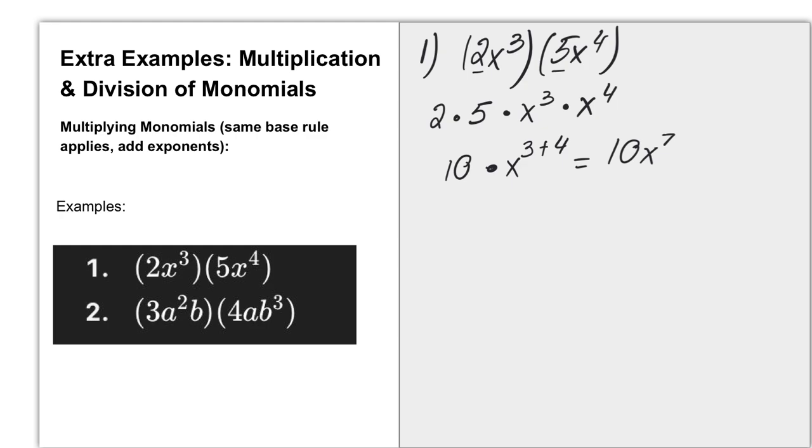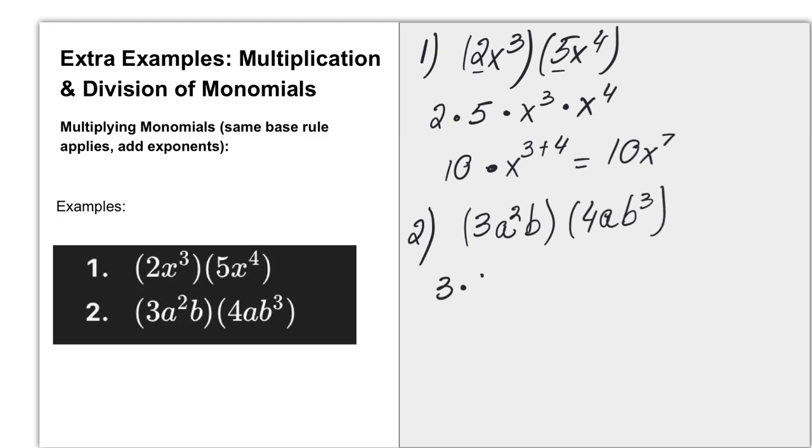All right, so let's go ahead and do the second example. This seems a bit more complicated, but it's not, because we will achieve the same goal by separating and identifying what is happening here. So again, we're going to separate 3 times 4, and then same thing, we're going to bring the same bases together.